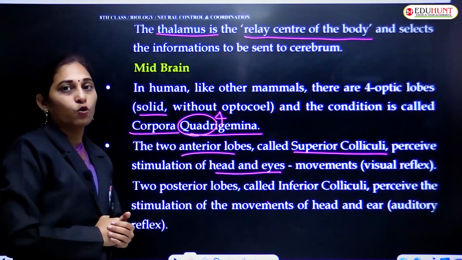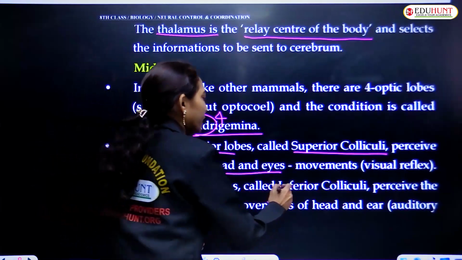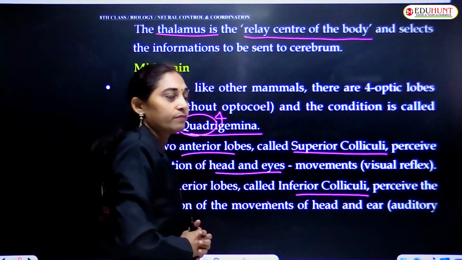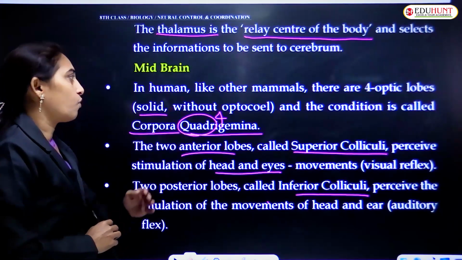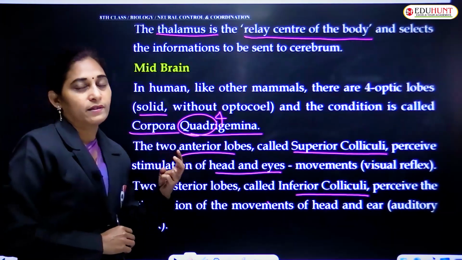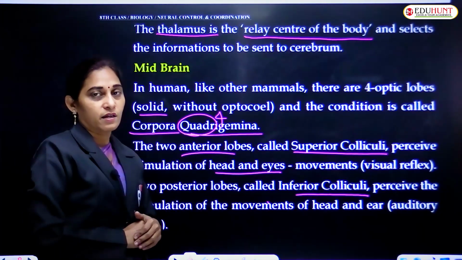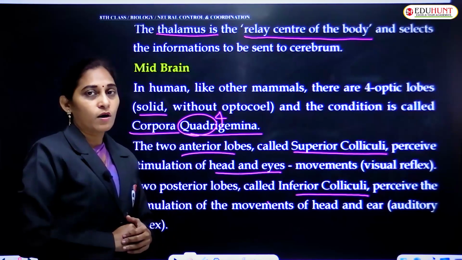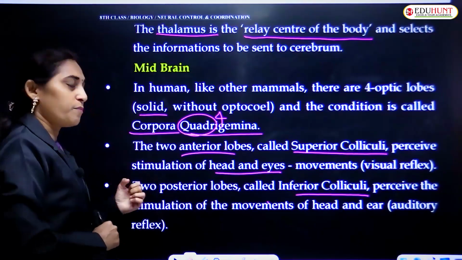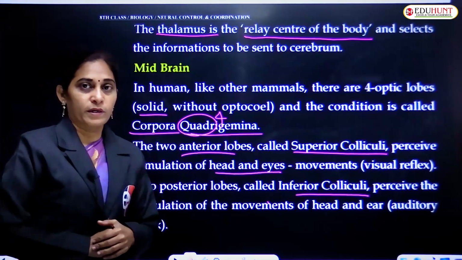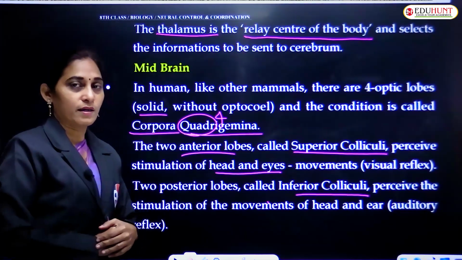The 2 posterior lobes are called inferior colliculi. Out of 4 lobes, 2 anterior and 2 posterior are there. The 2 anterior are called superior colliculi; they perceive the stimulation of head and eye movement, that is, a visual reflex.